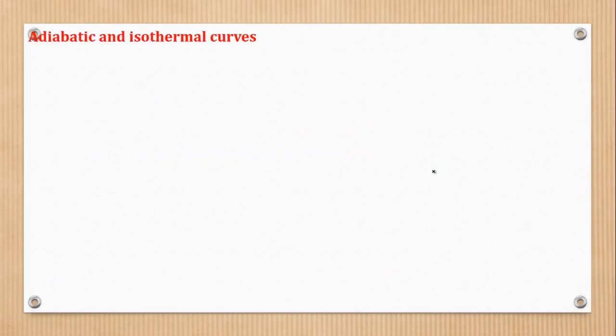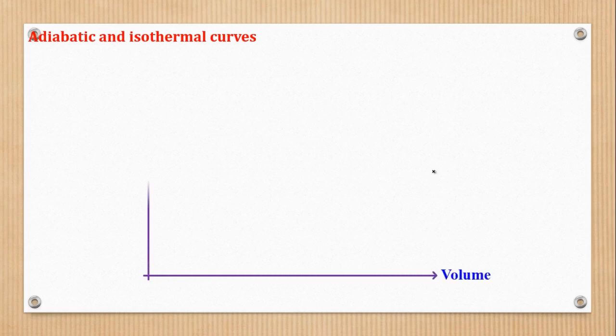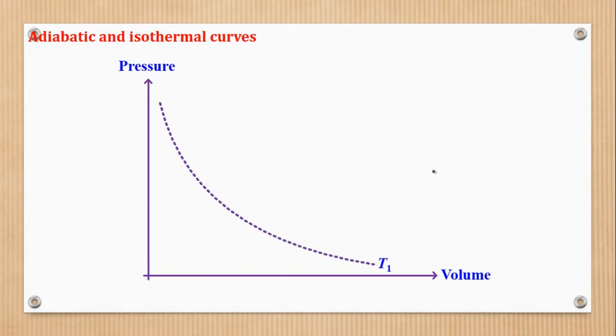So next, because some questions can tell you to sketch a PV curve, you need to know how an isothermal curve looks like and how an adiabatic curve looks like. So an isothermal curve is like I said, Boyle's law. So it is exponential, but temperature has to be constant.